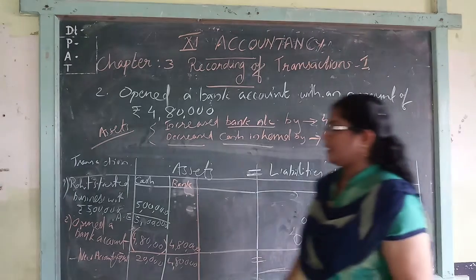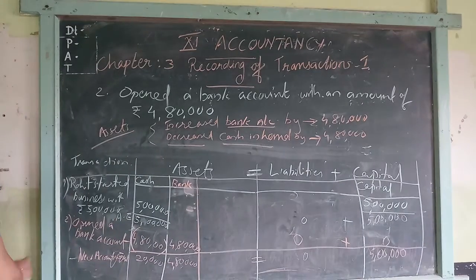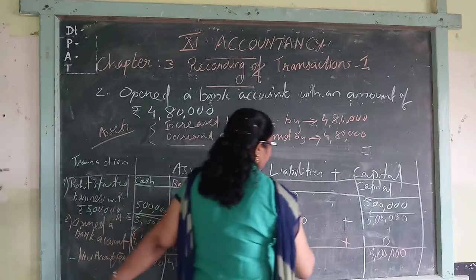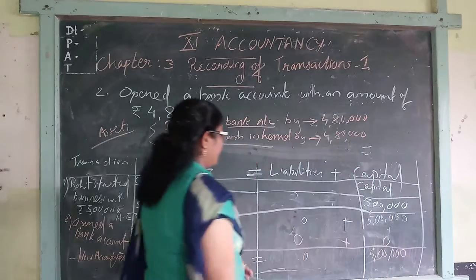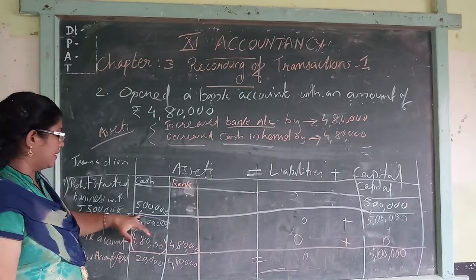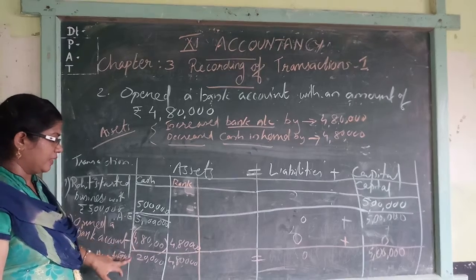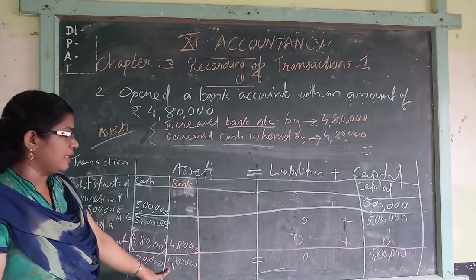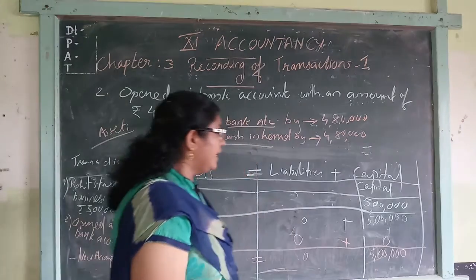So here also it is closed like this. First transaction, so you are closing. Then this 5 lakh, this 4,80,000 adjusting, 20,000, then 4,80,000. Here 5 lakh. Equal or not?